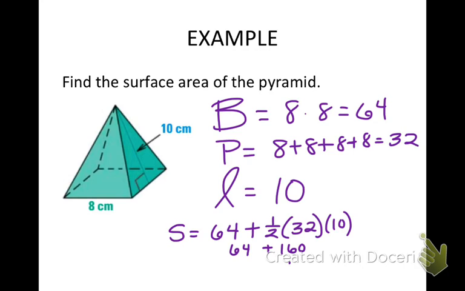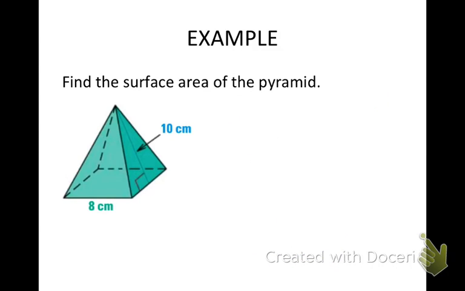So 4 plus 0 is 4. 6 plus 6 is 12. Carry the 1. So 224. We're still in surface area, so we need to do units squared, so centimeters squared. Okay? So pyramids. If you have the formula in front of you, it shouldn't be too complicated.